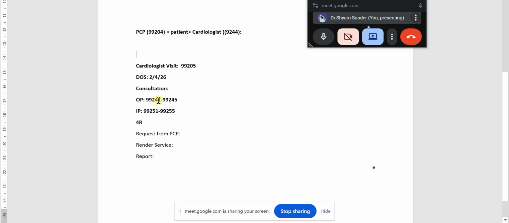Yes, because the 241 series codes have a higher dollar amount. To bill these codes, this is the criteria. If the criteria is not met, the cardiologist has to use the 99205, 204 series. If the criteria is met, you can use these codes.